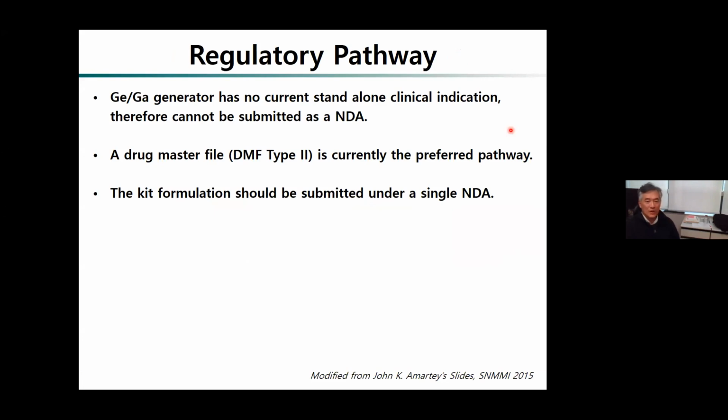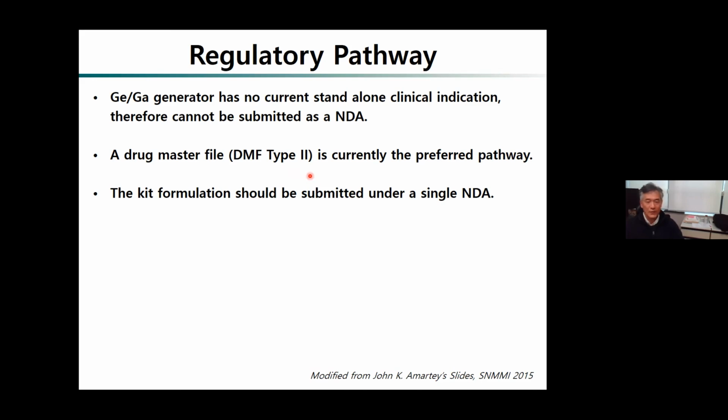Especially for the gallium-68 generator, the germanium gallium generator is not approved by the FDA or any government body in the world. So they recommend that DMF, drug master file type 2, is enough for a gallium generator.